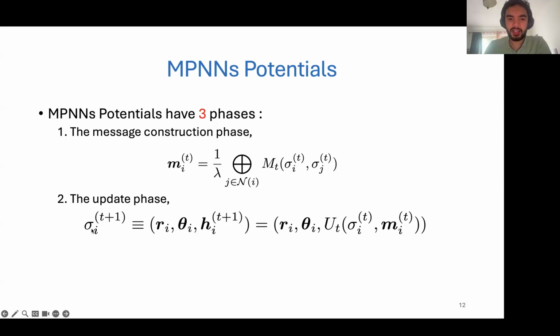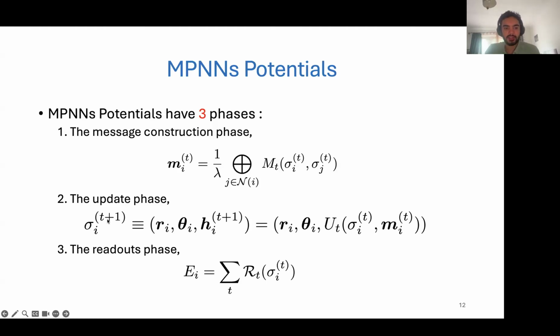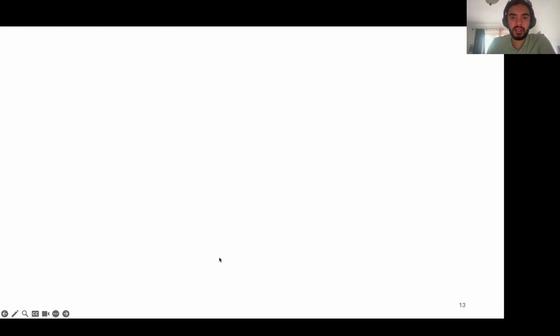So I'm the atom i, and now my new state is also a function of what my neighbors are. If I'm a hydrogen with three oxygens in the 6 angstrom cutoff, I will be different than if I'm a hydrogen with two oxygens in the neighborhood. So this new state is strictly richer, and this is done by an update function. And then after you've done that t times, you read out the energy by just mapping the state to a scalar, this E_i. So this is common for all MPNNs.